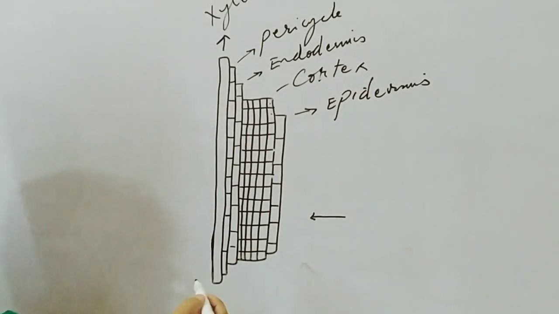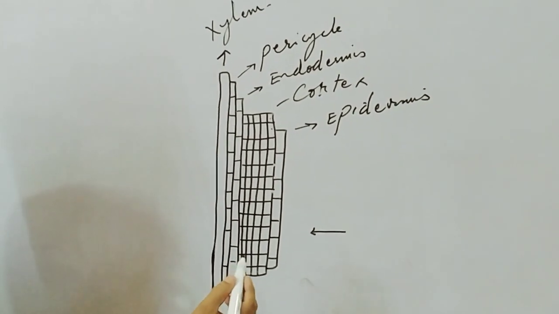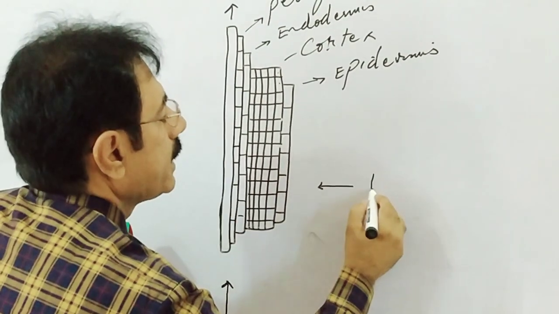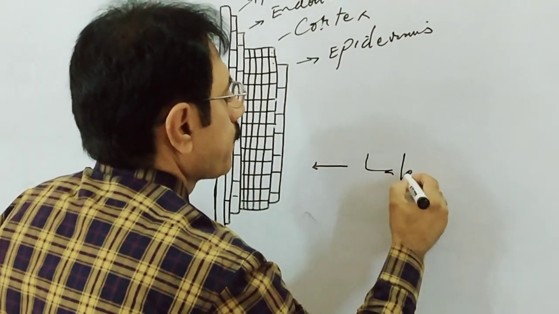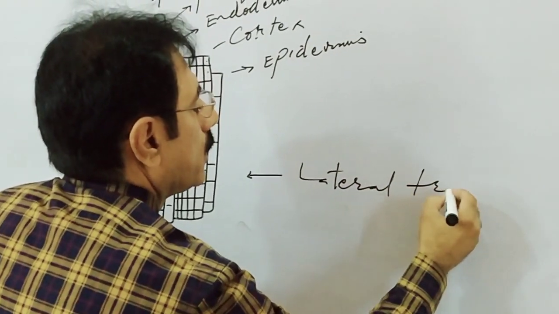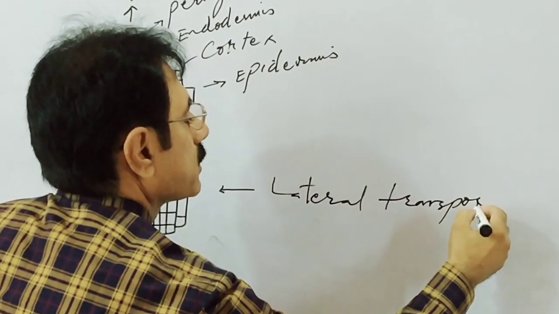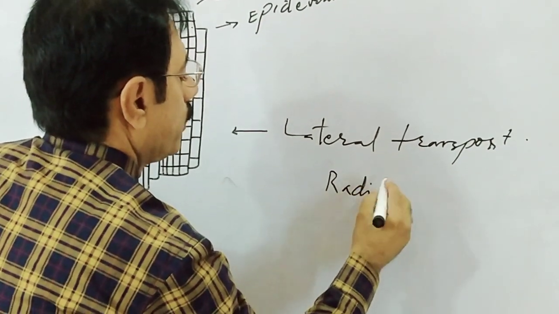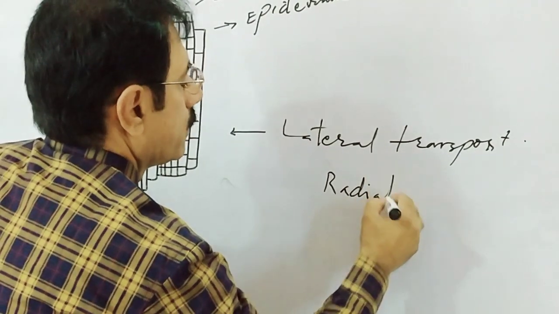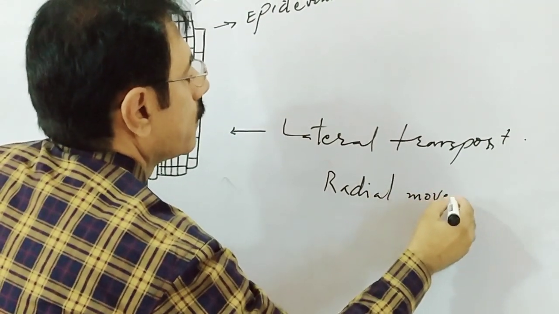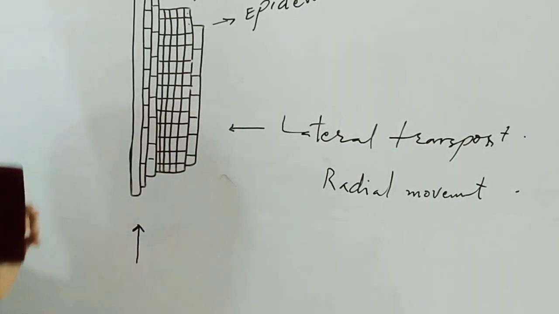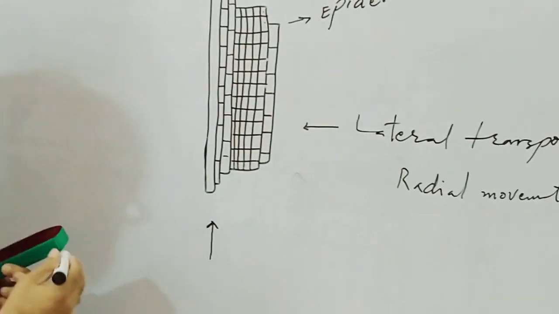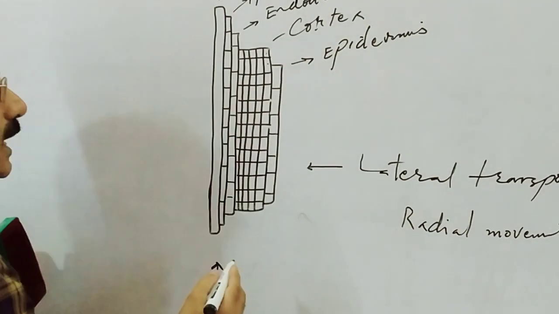This movement of the water across the root is called lateral transport, or radial movement. Water from the soil covers a distance of about 8 cells.